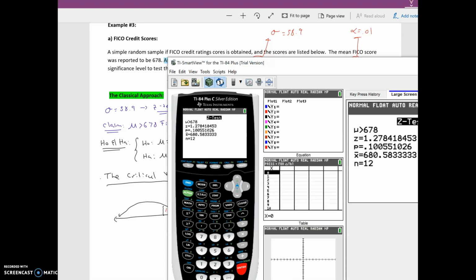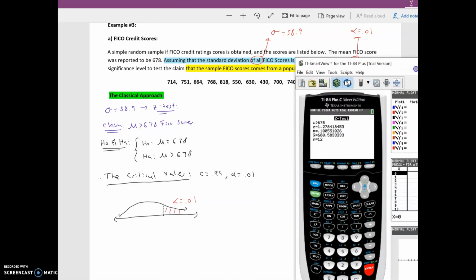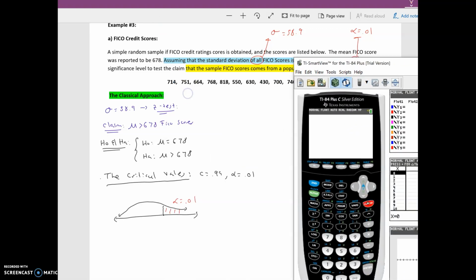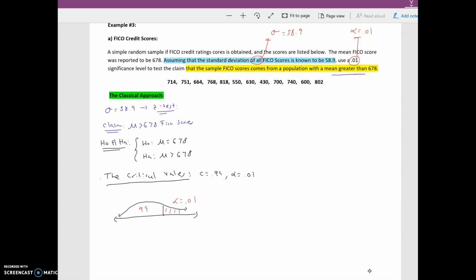Now, to find the specific critical value, we're going to run the following command. Let me clear this up, and you're going to go to second and distributions. Then you're going to run the inverse norm distribution. Remember that inverse norm only works on area to the left, so this is 0.99, which is your C value.